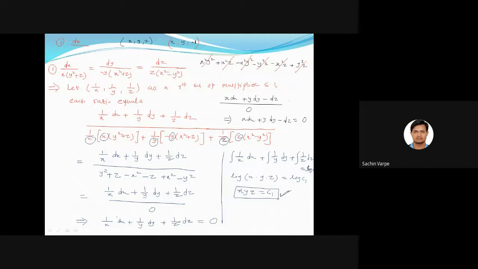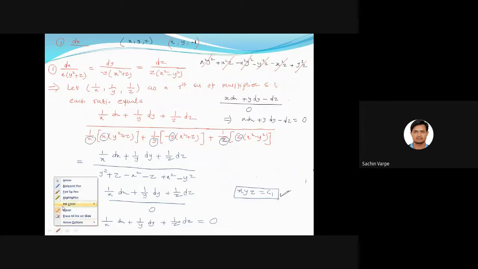Its integration gives the solution. So what is its solution? What is integration? So that is equals to x square by 2 plus y square by 2 minus z is equal to c2.